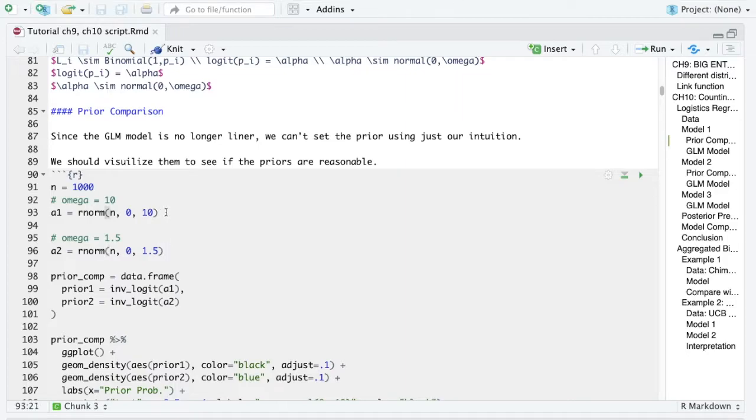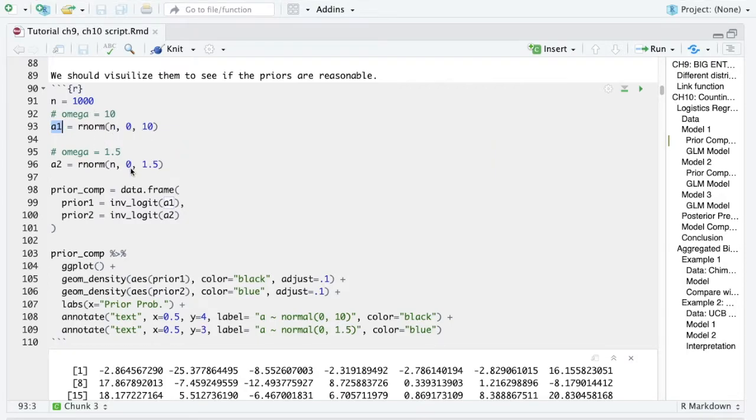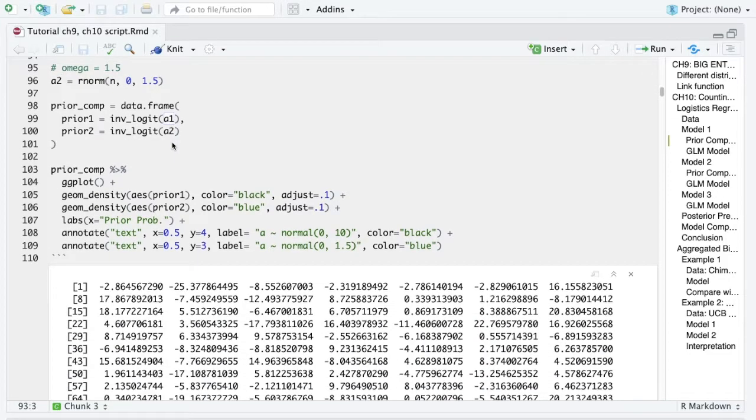In a simple linear regression, we may think a normal 0, 10 will be a very flat prior. However, this will not be the case in a logistic regression function. I use the random normal function to draw 1000 samples from normal 0, 10 and normal 0, 1.5. So the output of normal 0, 10 will be something like this.